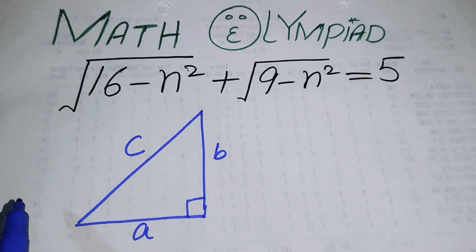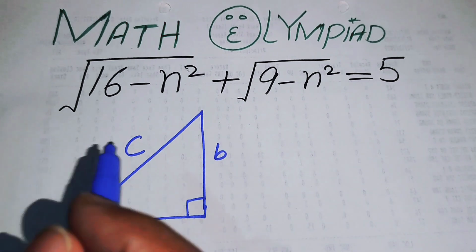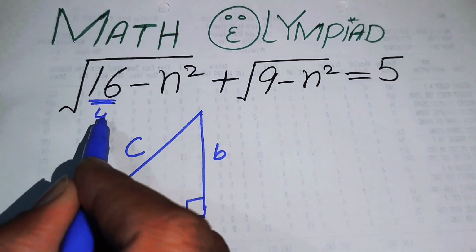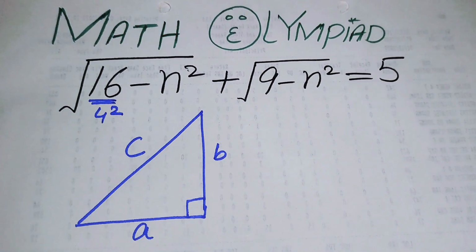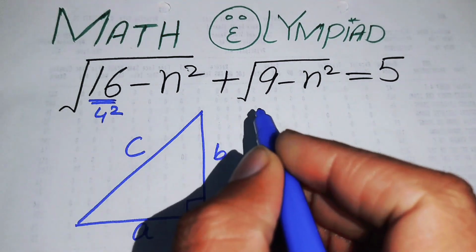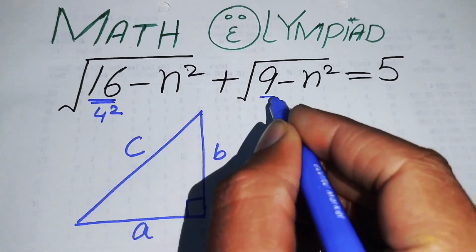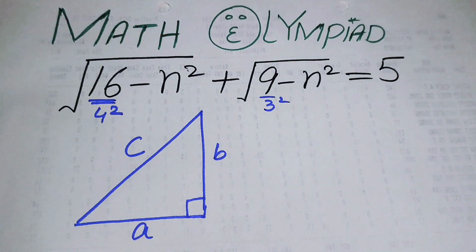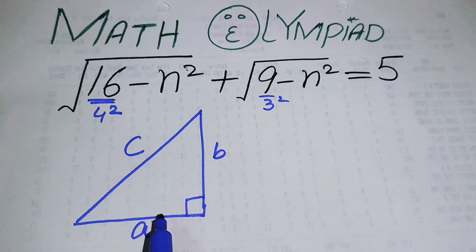Now you see here, we just write this 16 as 4 square, and similarly we write 9 as 3 square, and now it becomes the square root of 4 square minus n square plus the square root of 3 square minus n square equals to 5.